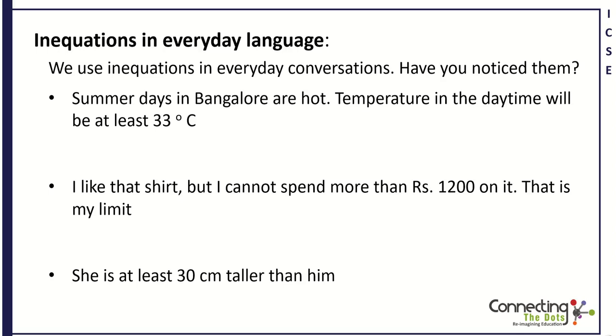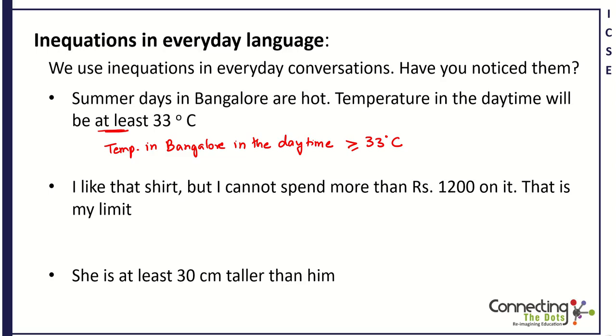So, we can try and say temperature in Bangalore in the daytime, in summer, of course, is at least 33 degrees. So remember the words at least, it means that it may be 33 degrees or greater. That's what at least means.